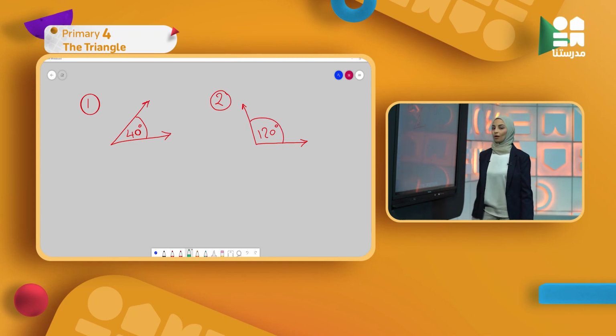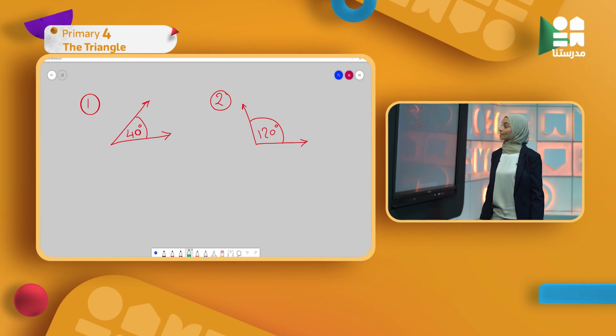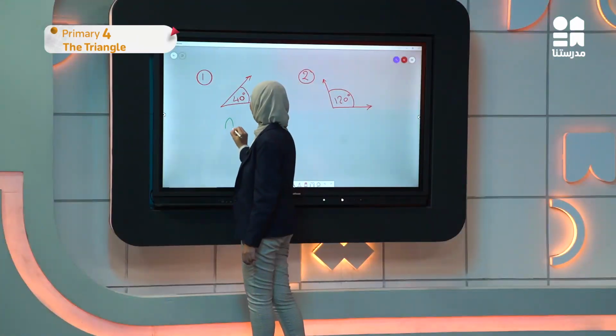Who can tell me what is the type of this angle? Yes, 40 is less than 90 or more than 90. Of course, 40 is less than 90. So, the type of this angle is acute angle.